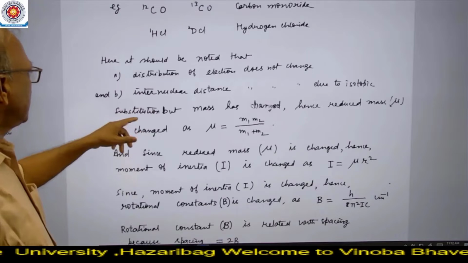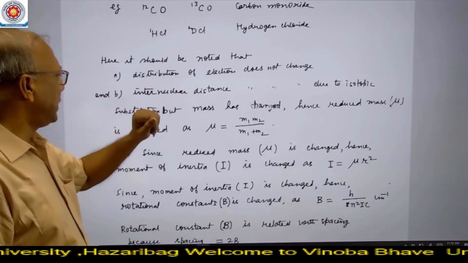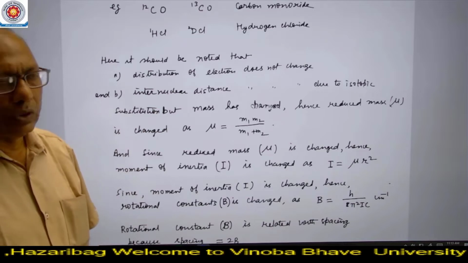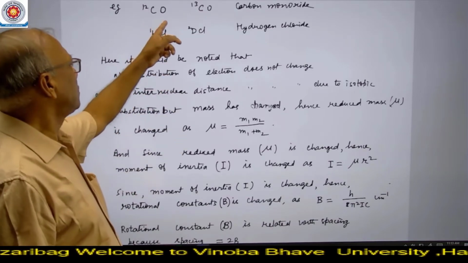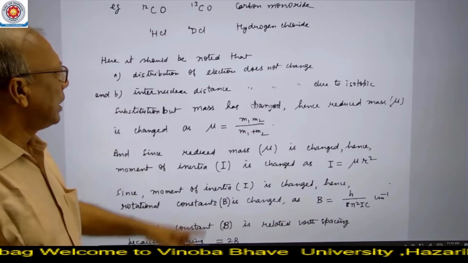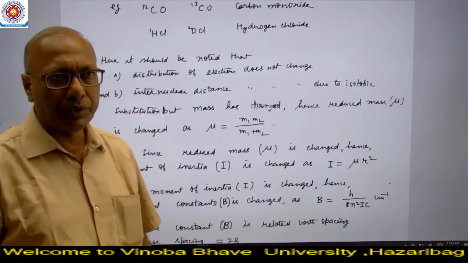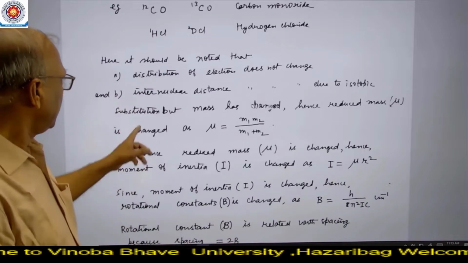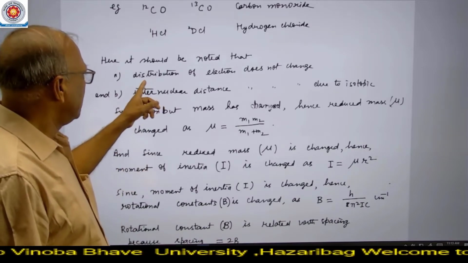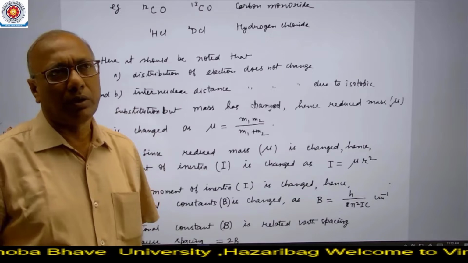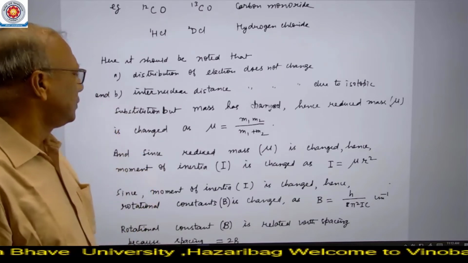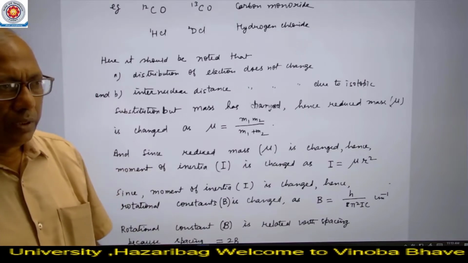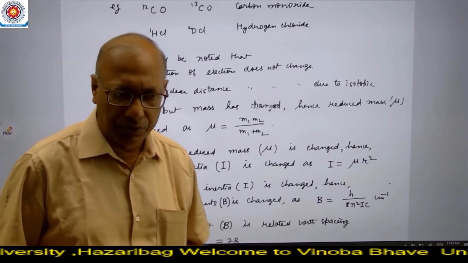The fact which should be noted here is that the distribution of electrons does not change. If we take carbon monoxide with a normal carbon atom and carbon monoxide with a C13 carbon atom, the distribution of electrons remains the same, because the number of electrons is not going to change.